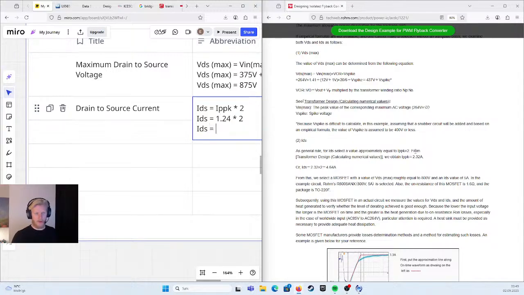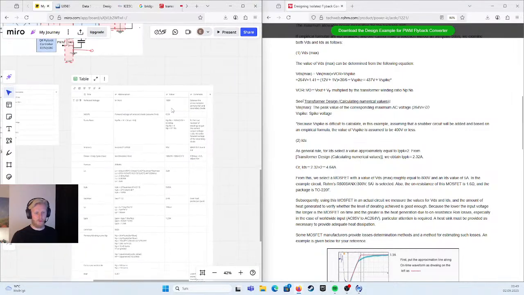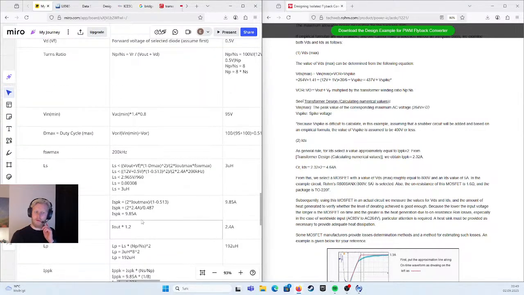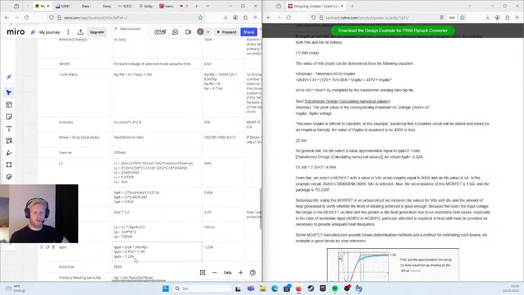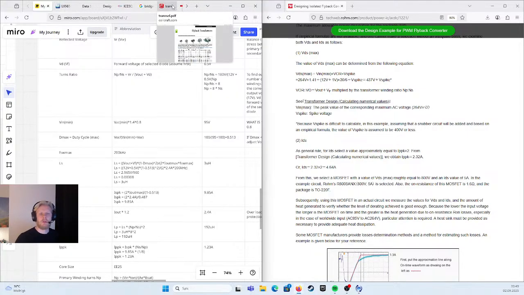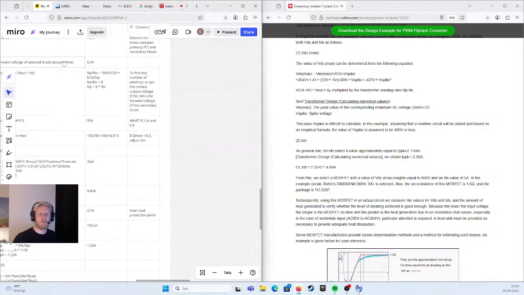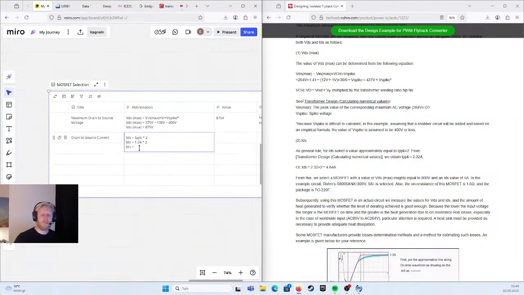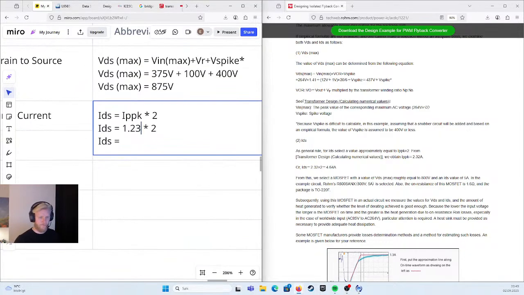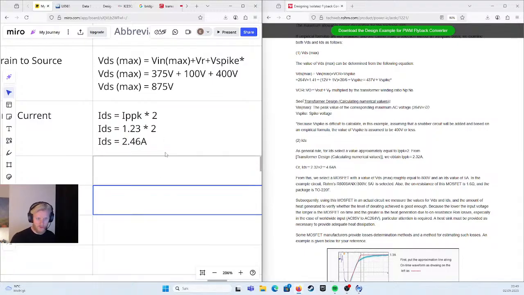Is that correct? I out max at 1.23. Two, 2.46 amps.